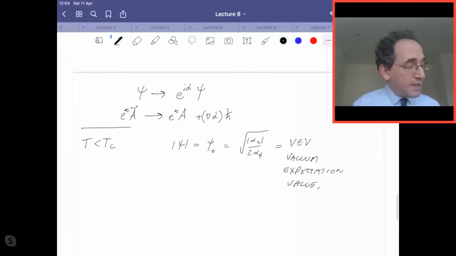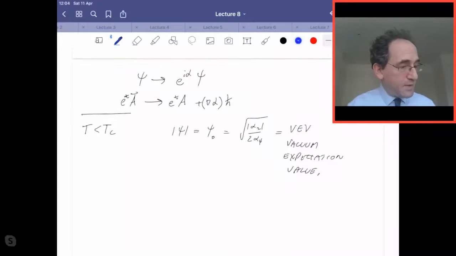So let's see if I can draw that. I've already discovered that I'm not very good at drawing anything. But okay, here's the Mexican hat, just a part of the Mexican hat, and this minimum here has magnitude psi naught. What we want to do is describe the excitations around some point on the minimum in terms of excitations up the hill like this, which we'll call H, and excitations around the rim, which we'll call chi.